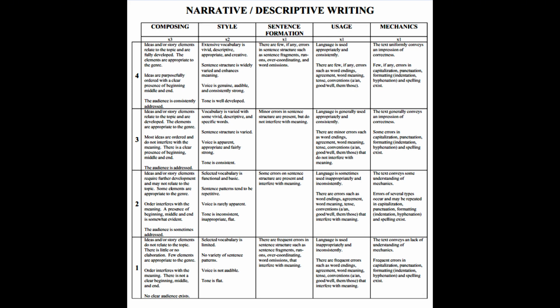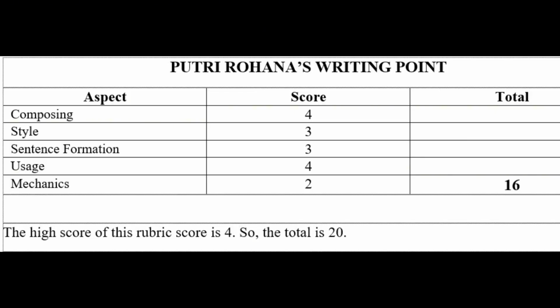There are several things that are assessed. The first is composition, the second is style, the third is sentence formation, the fourth is usage, and the last is mechanics. In composition, I gave her a score of 4, and in style, I gave her 3.